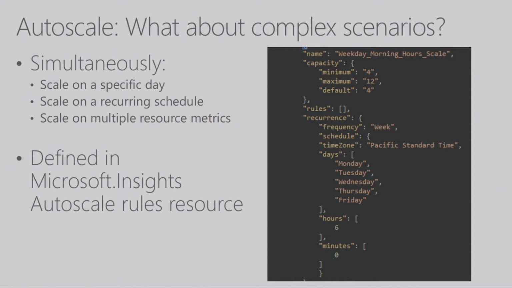All of this is defined in that JSON block for the Autoscale rules in the Microsoft.insights section. And there are these 3 types of scaling. Scaling on a specific day, scaling on a recurring schedule, and scaling on resources. So what happens if these conflict is a question we often get, right?